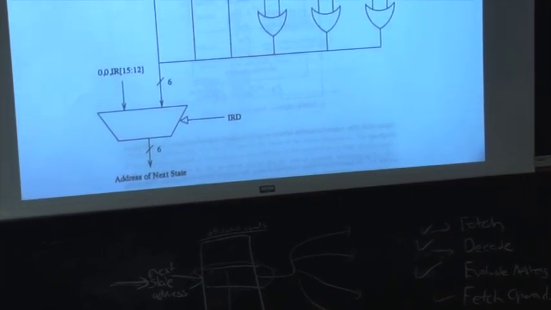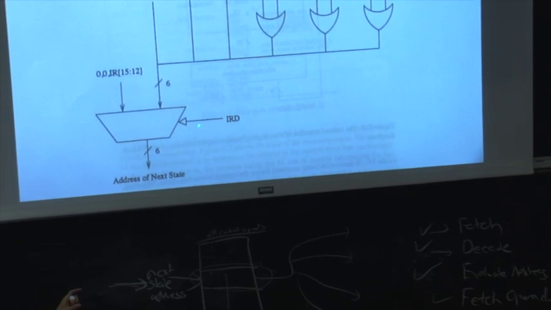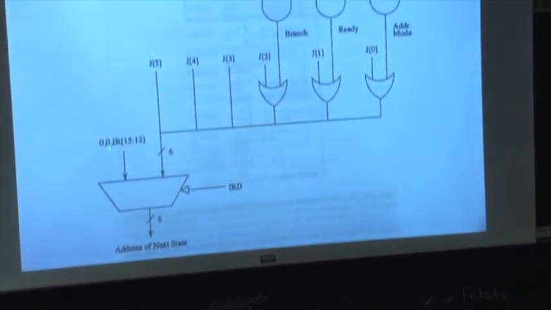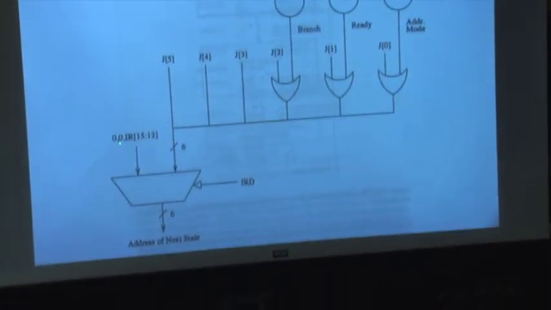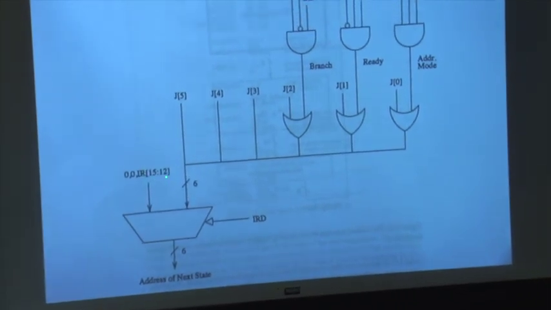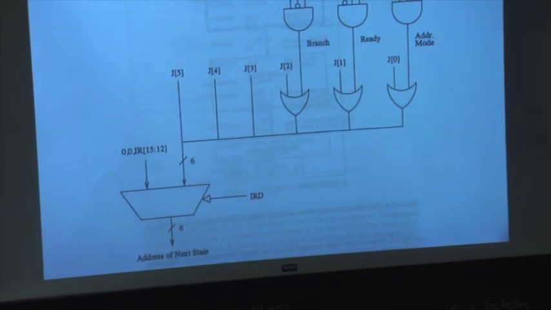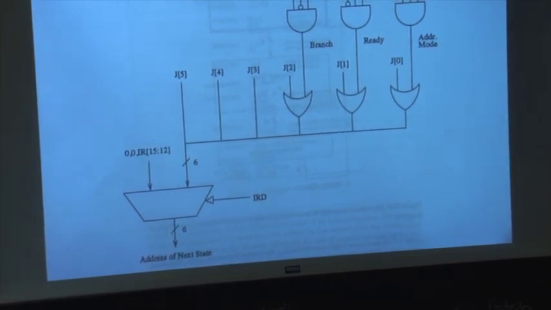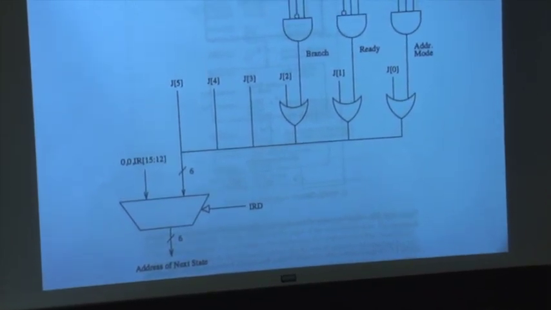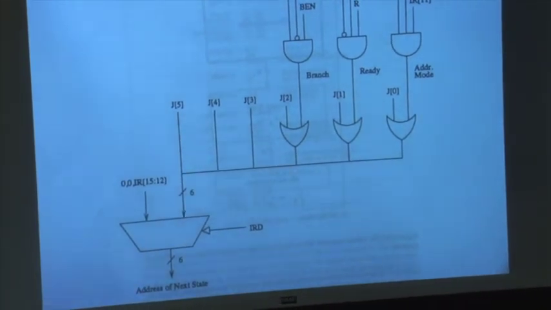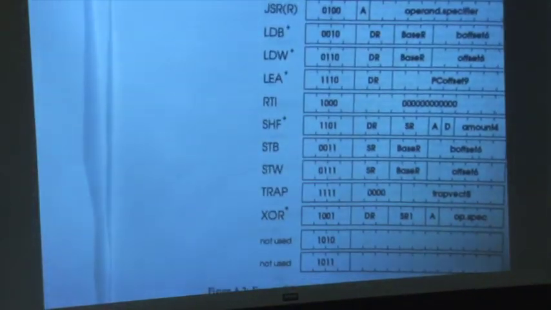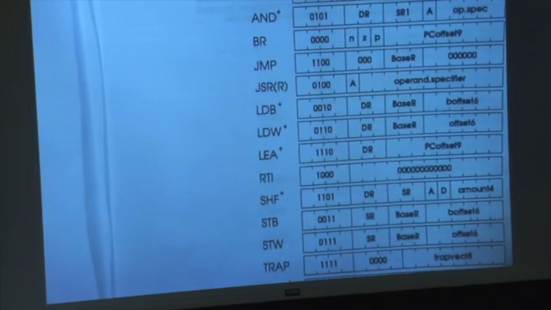But I'll give you an example. Let's say IRD is set. Then your next state is 0, 0 concatenated with the top 4 bits of the instruction register. Now, if you remember the LC3B ISA, what are the top 4 bits of the instruction register? Anybody remember? Those are the opcodes, right? Top 4 bits are always the opcode.